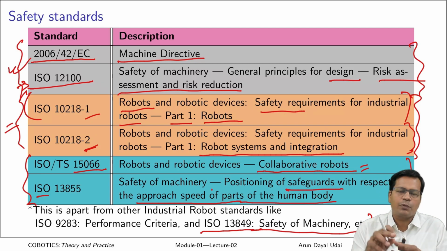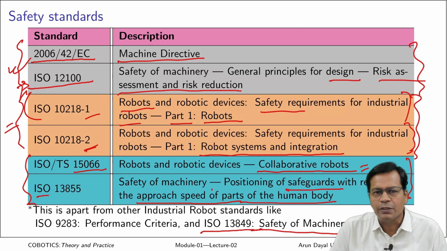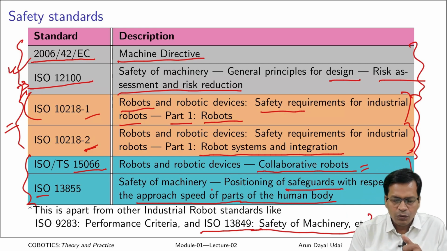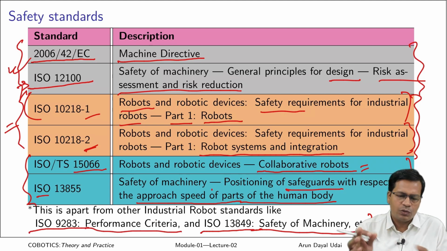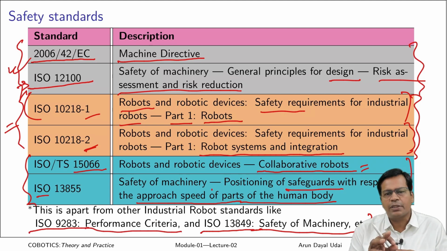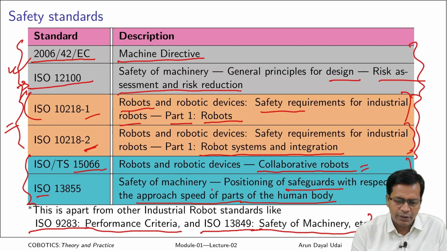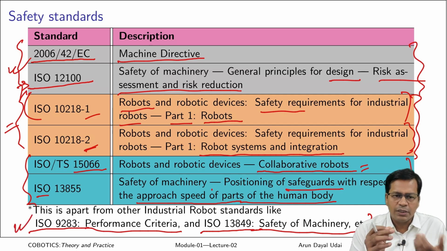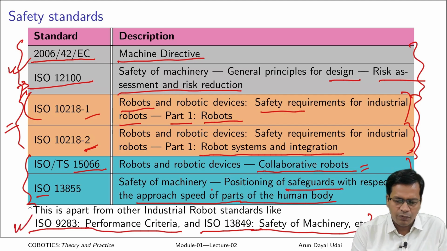This basically talks about the approach speed. All these are apart from ISO 9283, that is for the performance criteria of the robot, where repeatability of the robot is tested and positioning accuracy and such are defined.